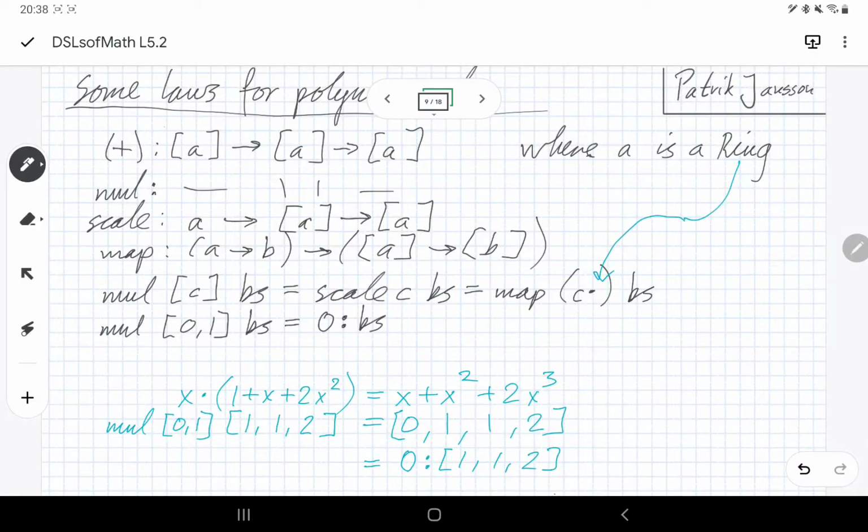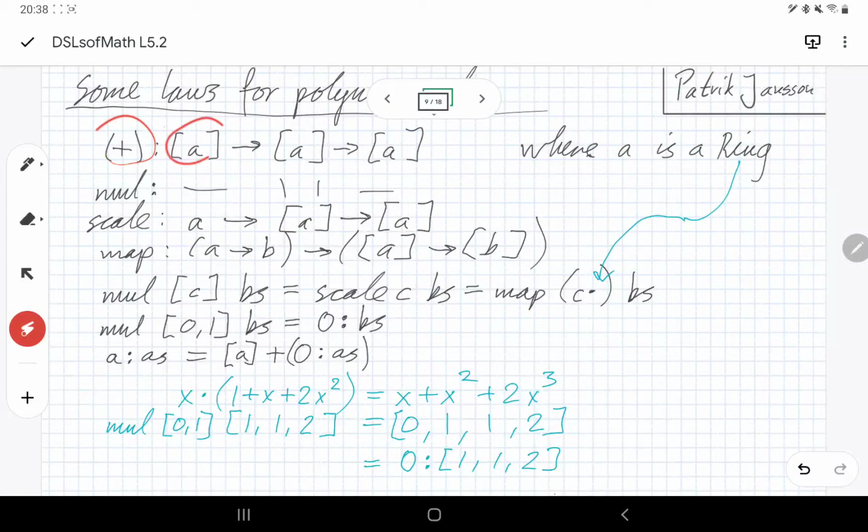And then it's also worth noting a law for addition. So if we have a list A, AS, remember lists here represent polynomials. So this is the same as the one element list of just A plus 0 followed by AS. You can put parentheses in to be extra clear. So notice here I've said we use plus on lists.